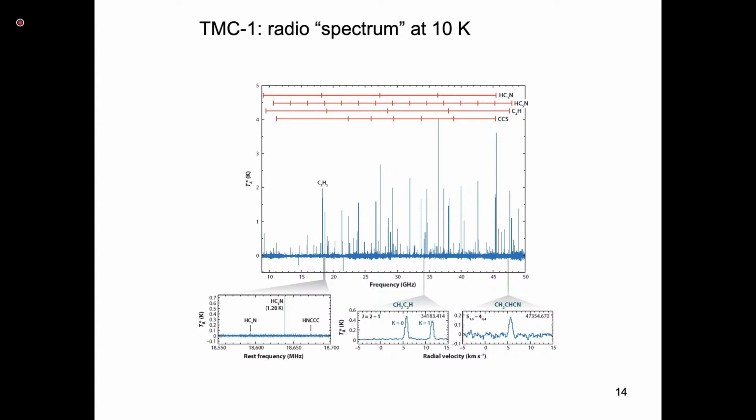Every molecule has many frequencies, so it's rather complicated, but you can get the concentration. You can get the temperature from the intensity of different lines. And finally, you can get the Doppler effect, which means the whole cloud is moving with respect to the Earth, and you can get information from that. So you get a lot of information from a radio spectrum.